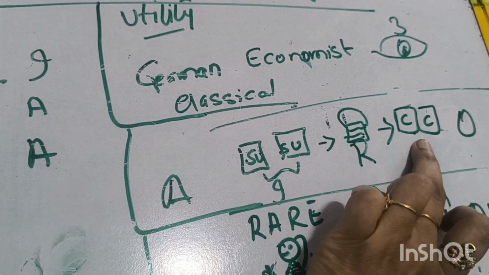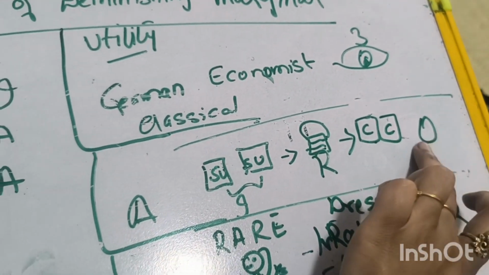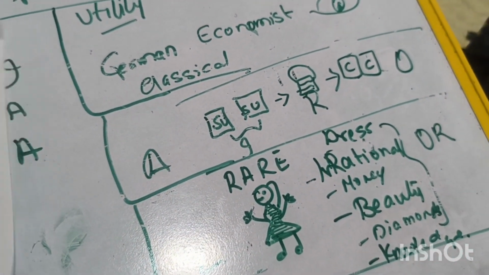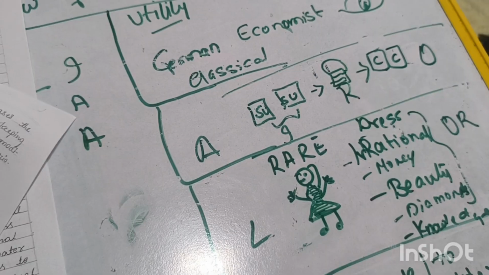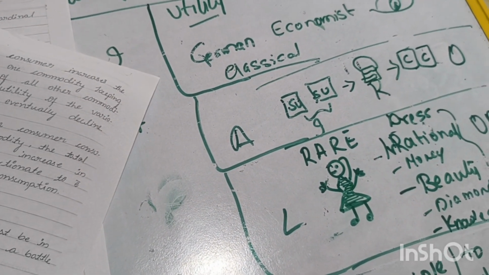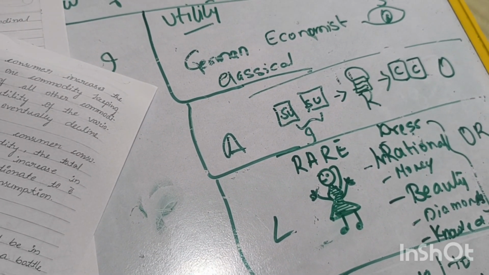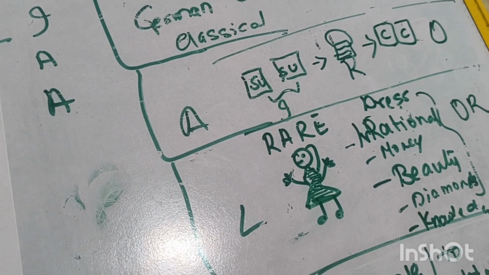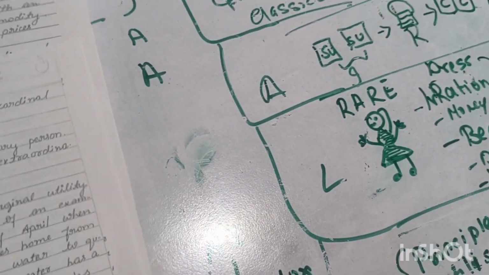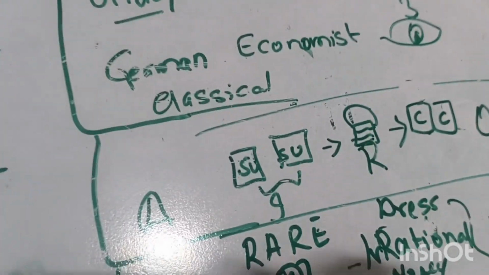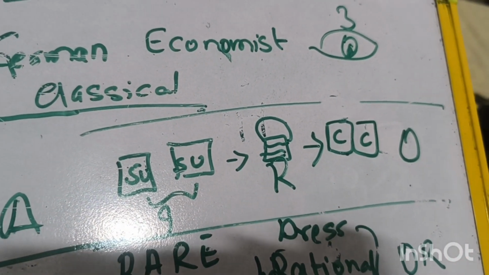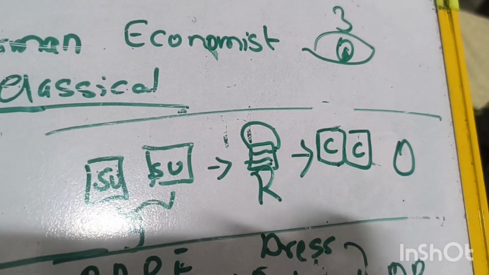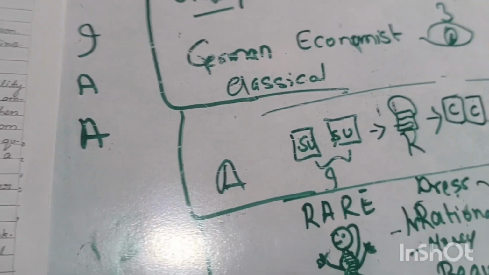Utility can be measured in cardinal numbers, and the consumer should be an ordinary person, and one more C, the price of the commodity and its substitute has to remain constant. That is one important thing you need to make a note of. So this is the keyword. You can take a screenshot of this. Then this comes under assumptions.